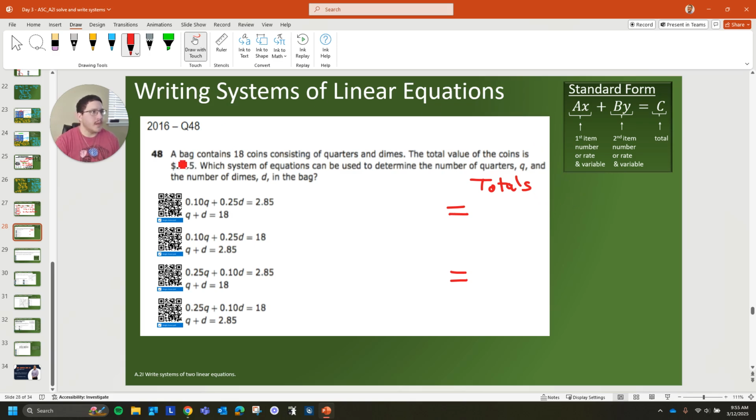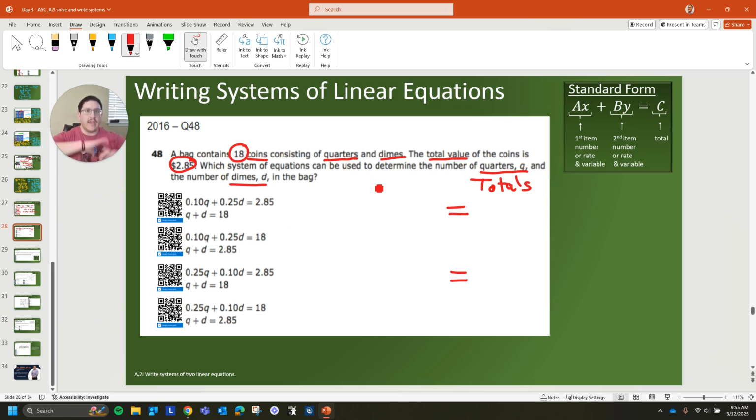Okay, so a bag contains 18 coins consisting of quarters and dimes. The total value of the coins is $2.85. Which system of equations can be used to determine the number of quarters, Q, and the number of dimes, D, in a bag? So what totals do we have from this word problem?